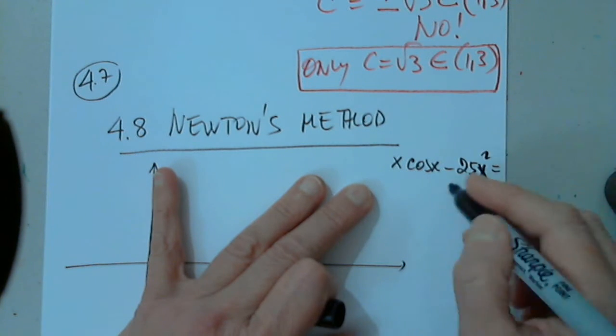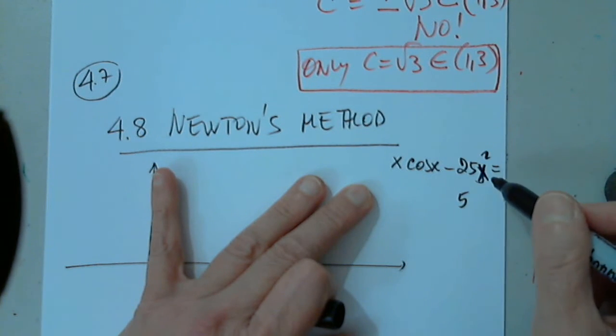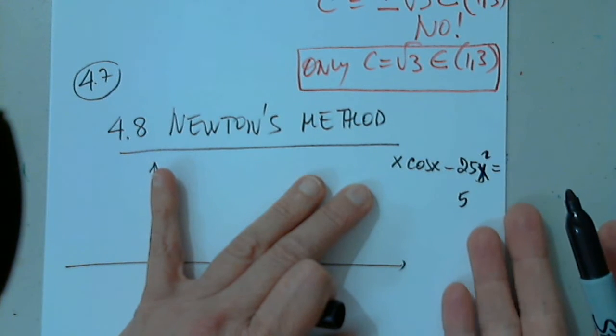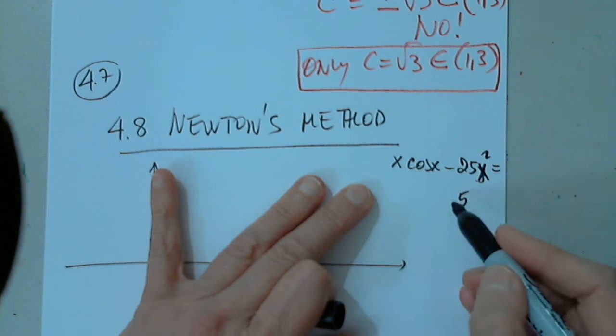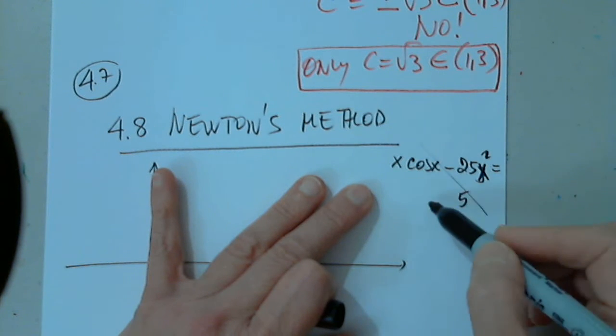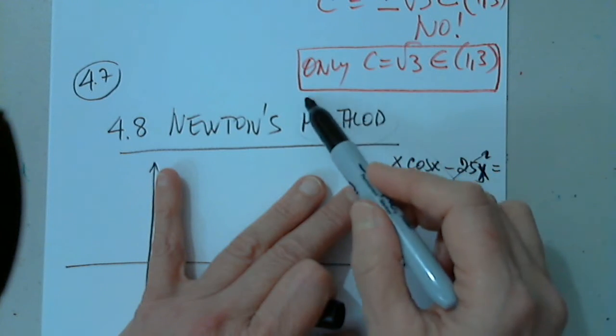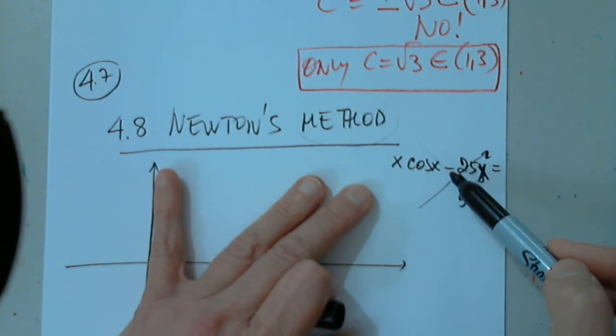No one can solve this by hand. There is no algebraic method for this, so I will never be able to solve it. But Newton's method will help me do that.